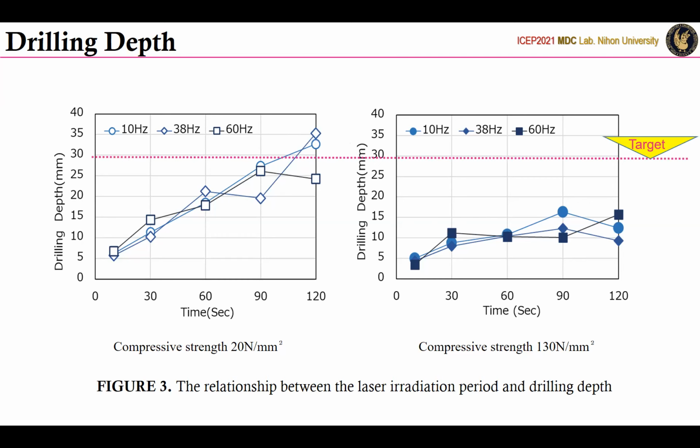In the case of 130 Newton, this right side graph, the perforation depth was not so deep, even if the irradiation time was long, this area. And the maximum depth was just about 17 millimeters, like this. Neither concrete was affected by frequency. These three frequencies are almost the same.